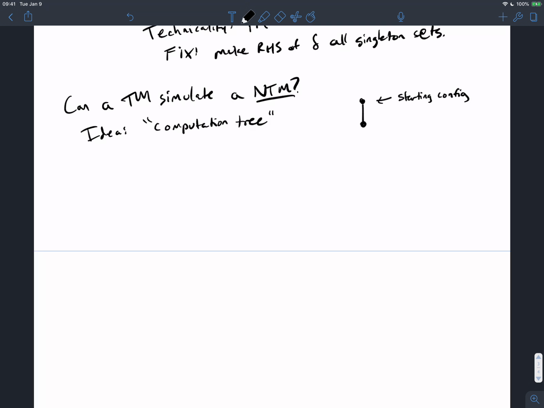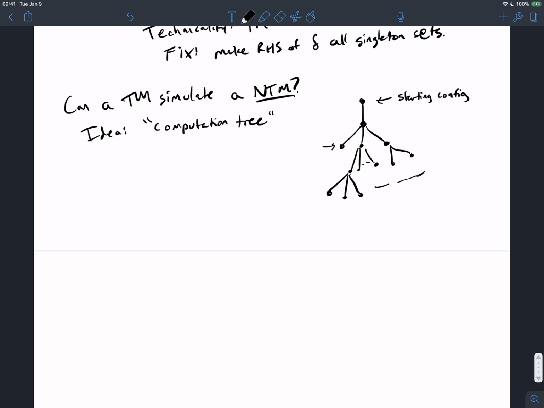But once it gets down to the second level, it may have 3 choices or some number of choices. Maybe this first one has no choices at this point, but the next one has lots of choices, and this other one has 2 choices. Then maybe this one has a bunch of choices, and so on.